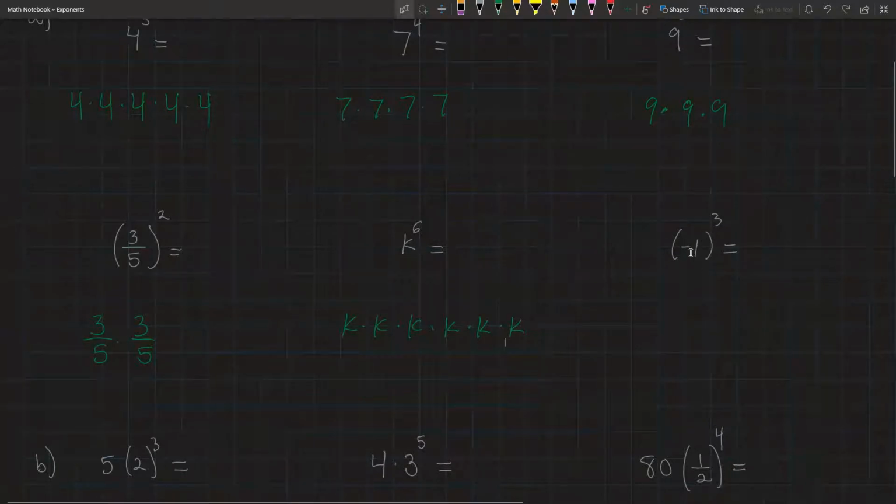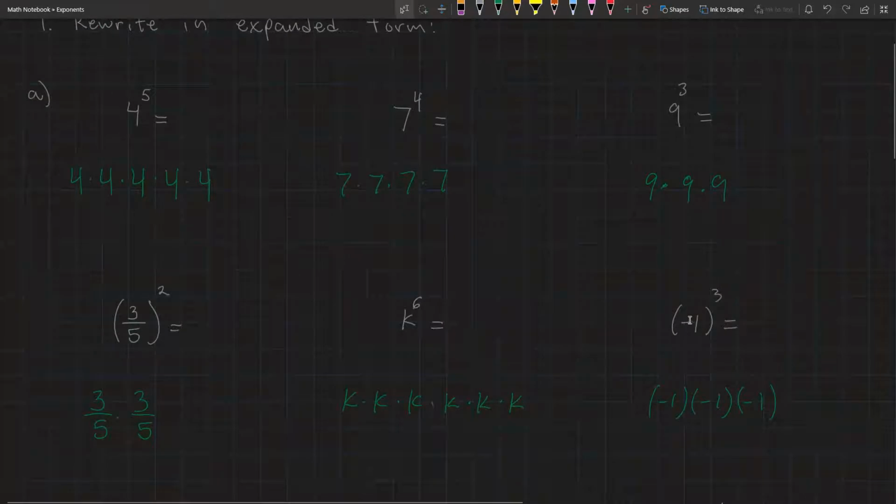And here, because there's a negative, it's more clear to have it inside the parentheses. So this one means -1 times -1 times -1. All right. So be careful with those. With that use of exponent, you make sure you know what it represents. The other ones didn't really have it, but technically there's parentheses for all of them.